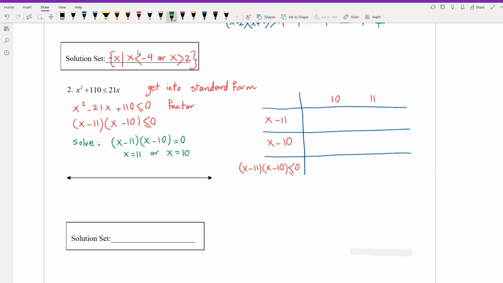Here 10 is the answer for x minus 10. And here we have equal to 0, so I use this closed circle. And 11 is the answer for x minus 11.